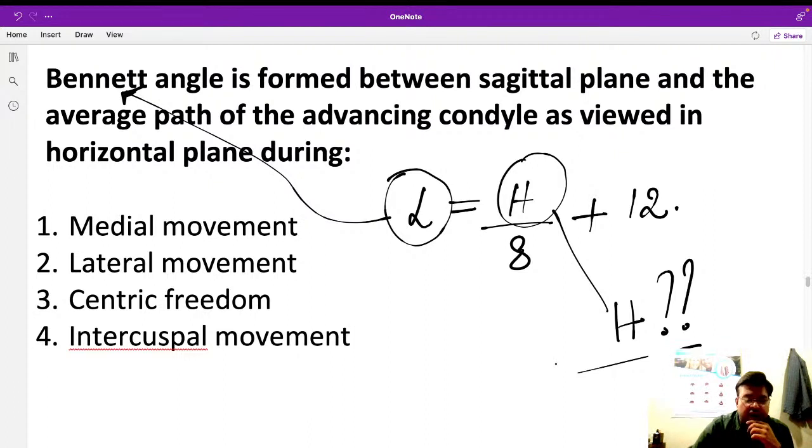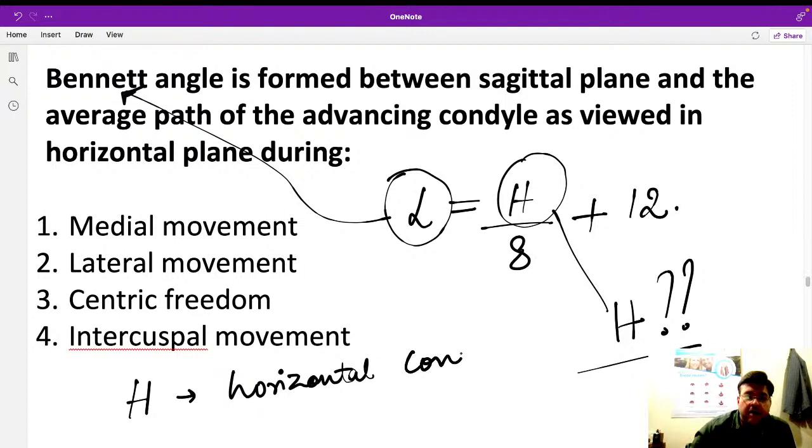Yes, H stands for horizontal condylar guidance.